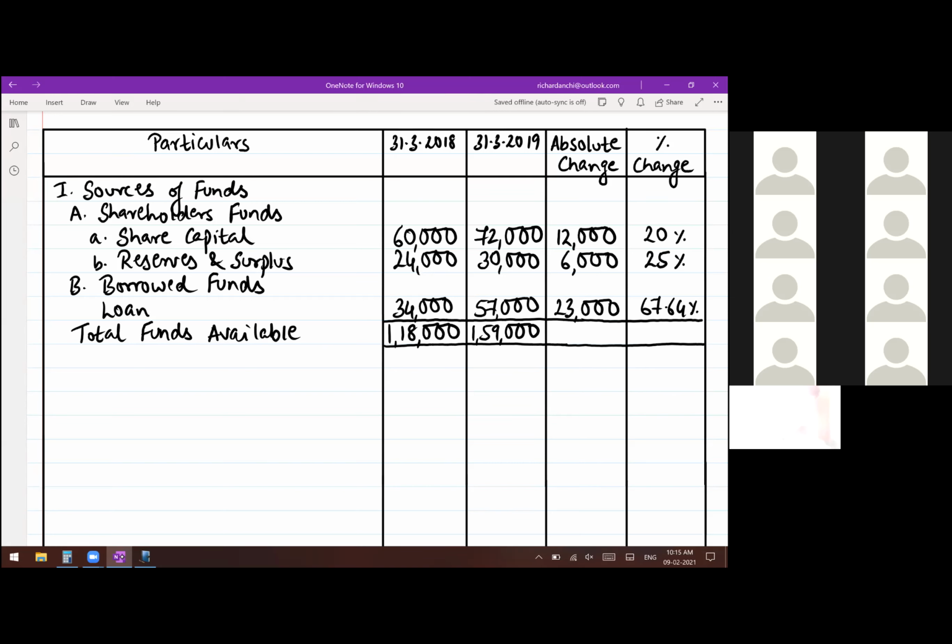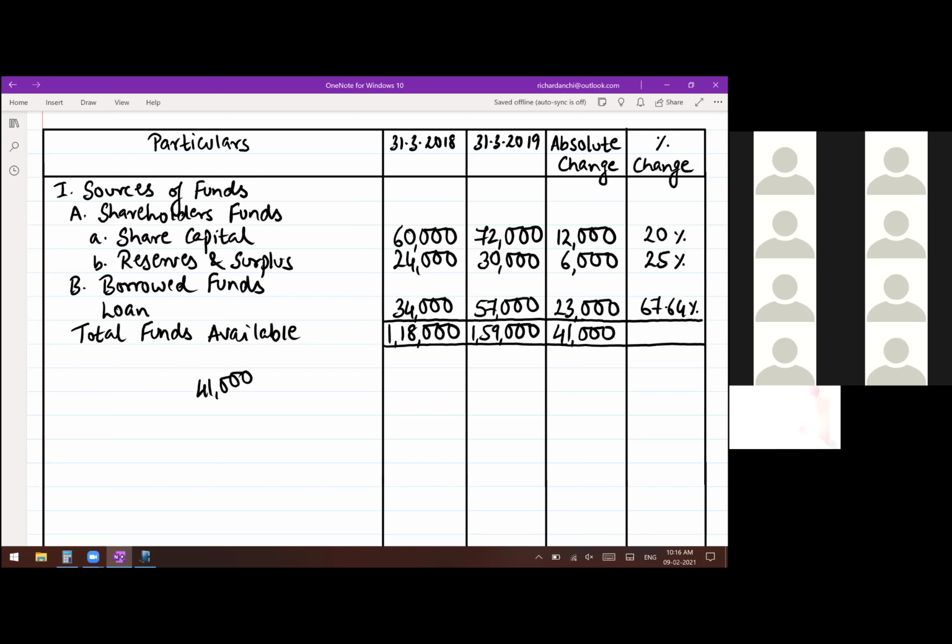Absolute change, 41,000. And now you will have to calculate percentage change.